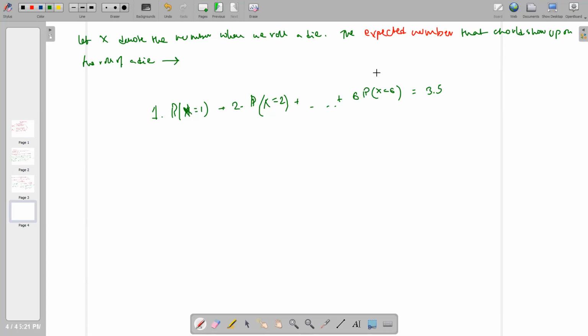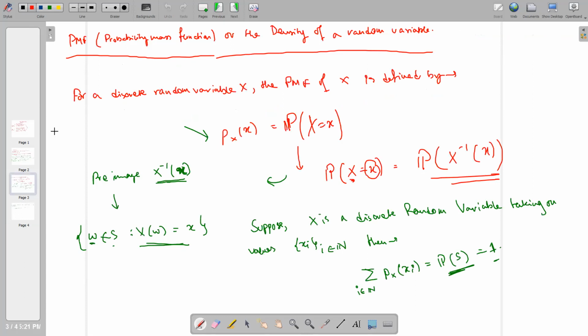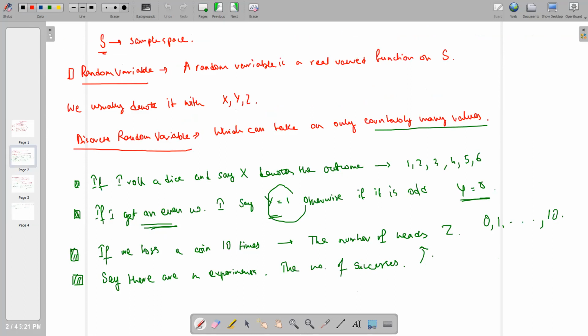What can be a general definition of expectation from this for a discrete random variable, say? So we defined PMF. We define random variables and discrete random variables.